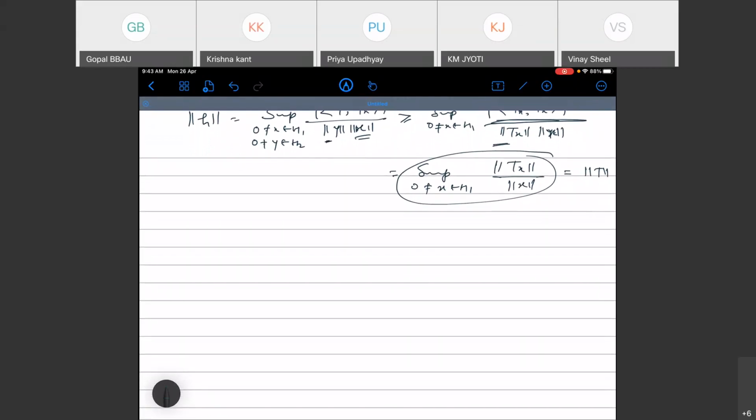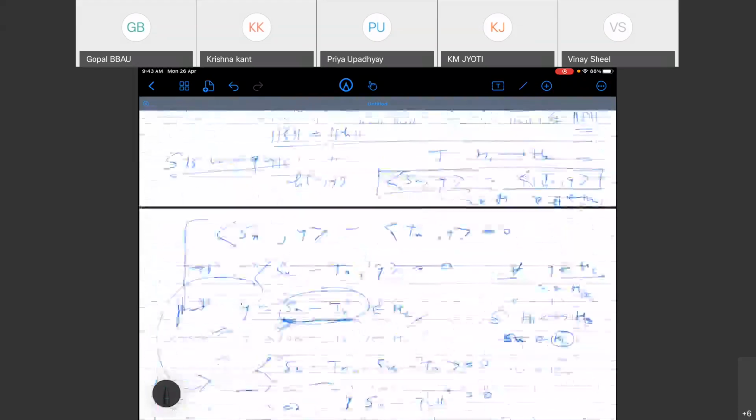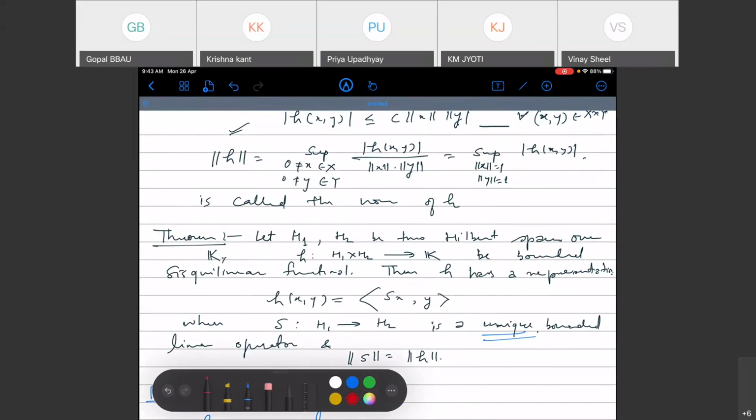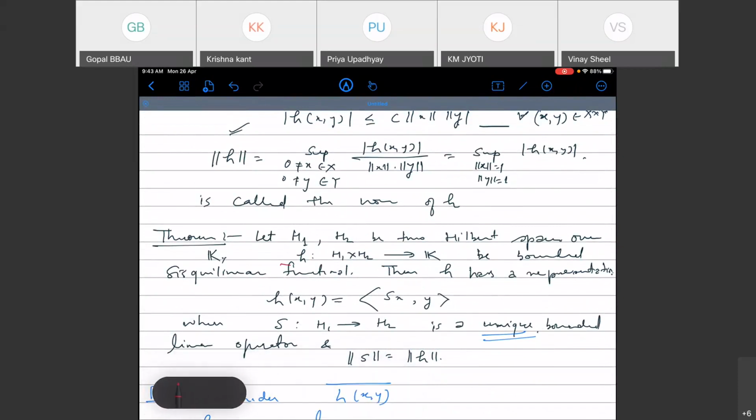This theorem says that if we have a bounded sesquilinear functional, then h has a representation of this form, meaning there exists a unique bounded linear operator.